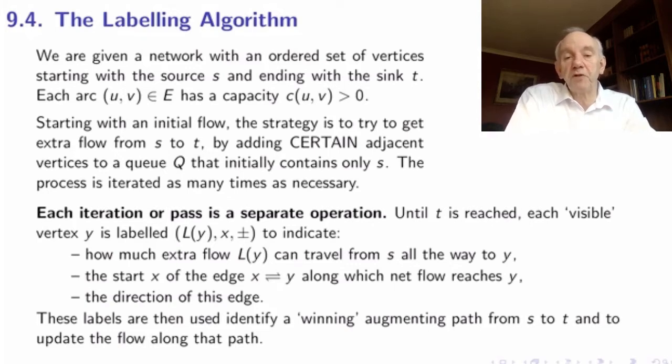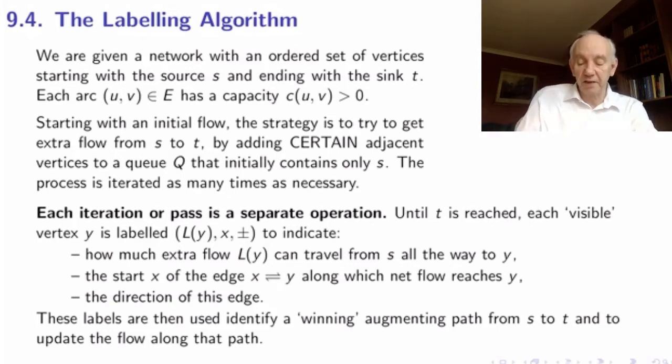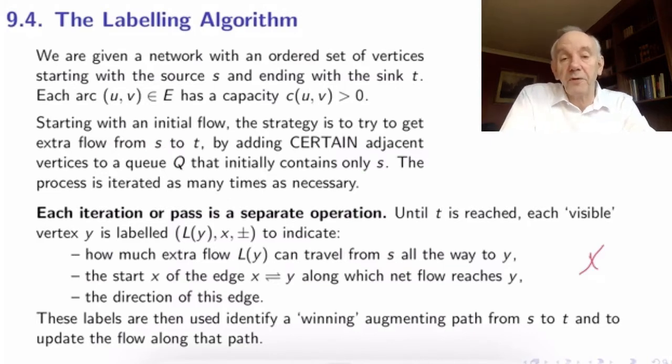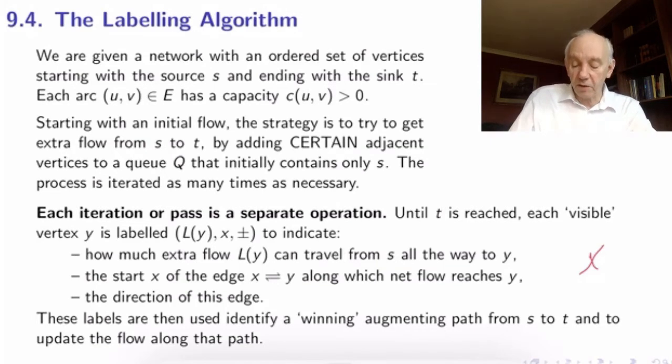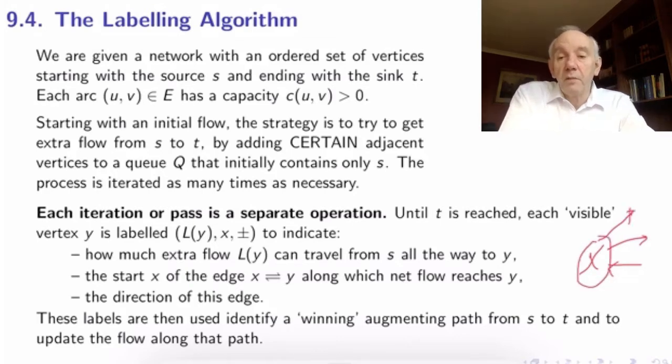So supposing we've got to some vertex X at the front of the queue. Then we look at the vertices which are adjacent to X. And by adjacent, I'm not implying that the arrow has to go away from X. It may go away from X or it may come into X. But we look at all the vertices which are adjacent to X.